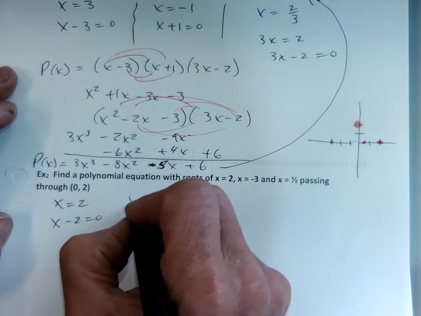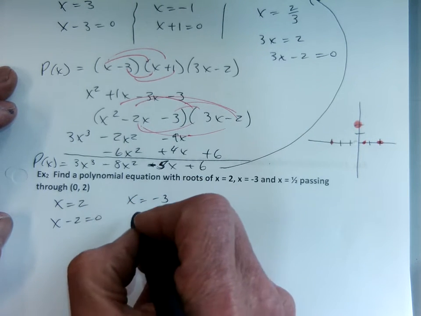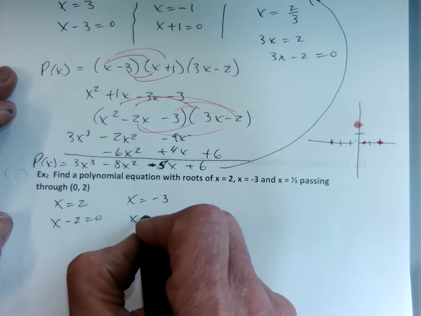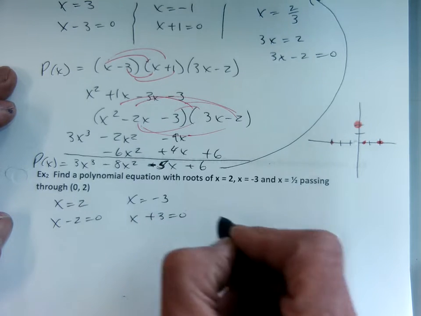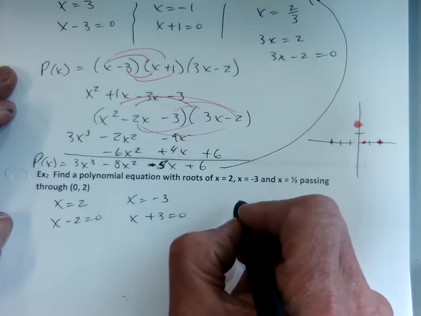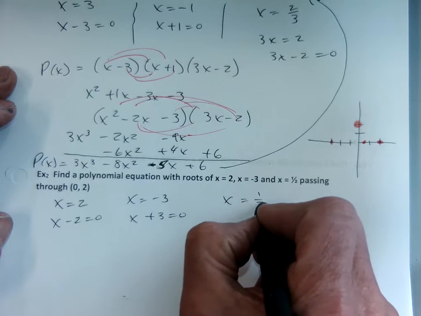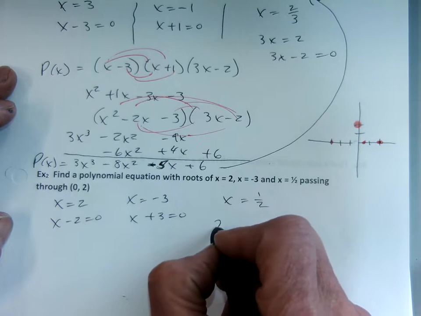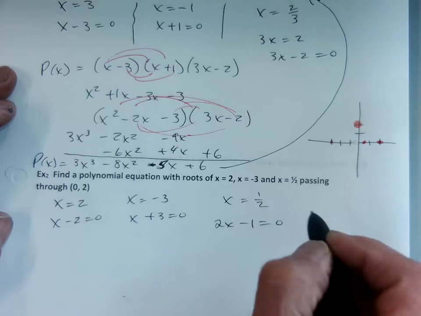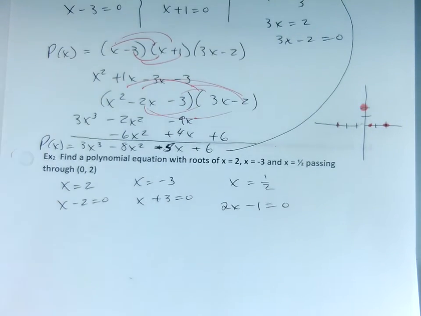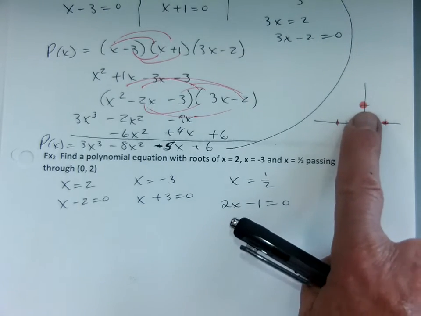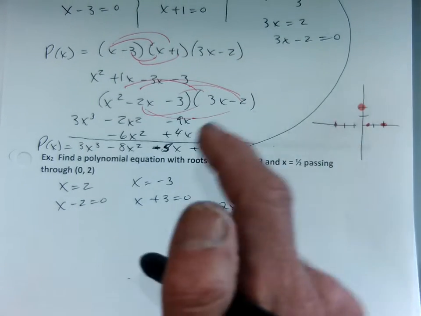I have x equals negative 3, which came from x plus 3 equals 0. I have a zero at x equals 1/2, which came from 2x minus 1 equals 0. What I want to do is find the polynomial that goes through the point 0, 2.